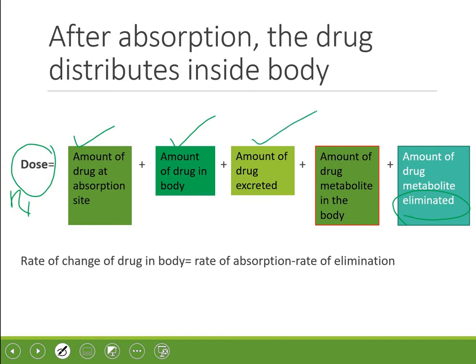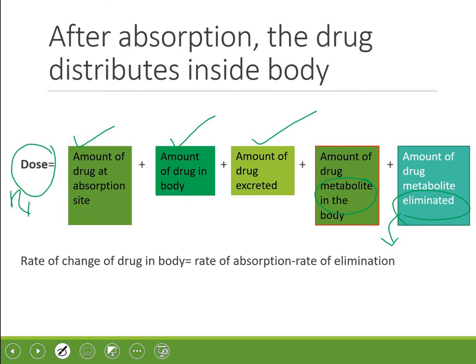Then there is the amount of drug that is excreted by the renal route, and the amount of metabolites present inside the body, which is also the sum of the drug metabolites eliminated by the kidneys.